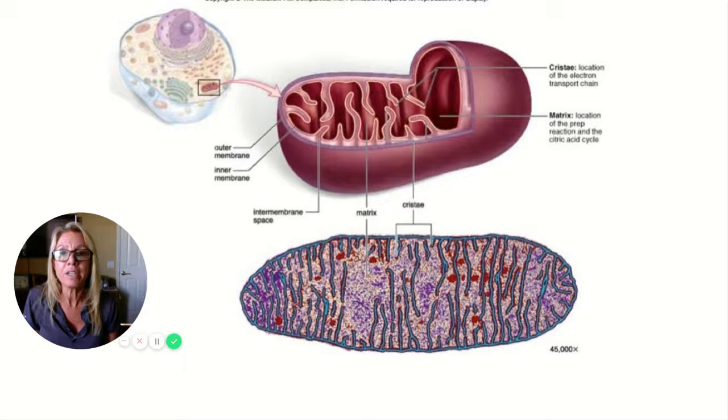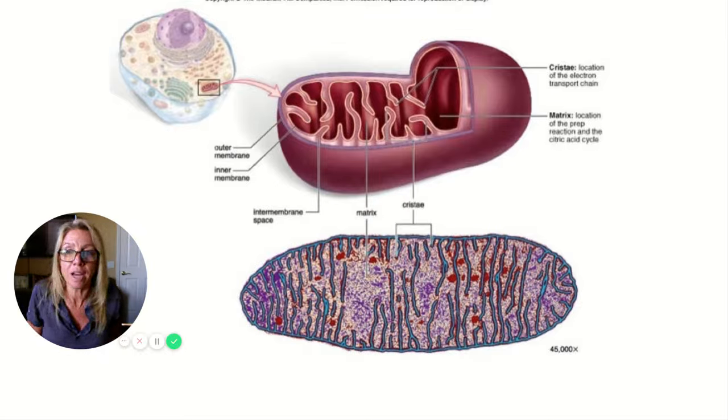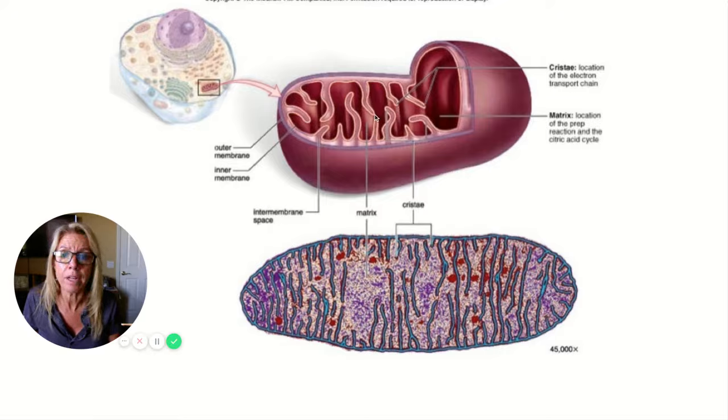So remember, this inner membrane was probably the original membrane of the prokaryote, and this outer second membrane was a result of getting engulfed by another cell to become its organelle. On the anatomy, this interior compartment, the darkest color that you see here, and in this bottom picture it's purple, this purple stuff is referred to as the matrix.